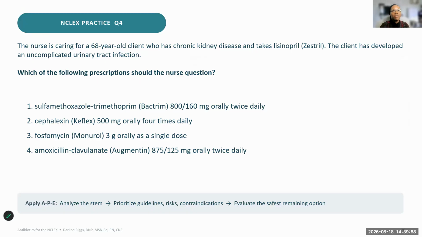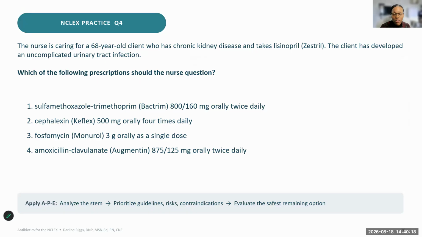We're processing all of that, okay? Yes, it's an uncomplicated UTI, great, but that history I just gave you was not because I threw a dart. No, you need to process that they have chronic kidney disease and that they're on an ACE inhibitor.